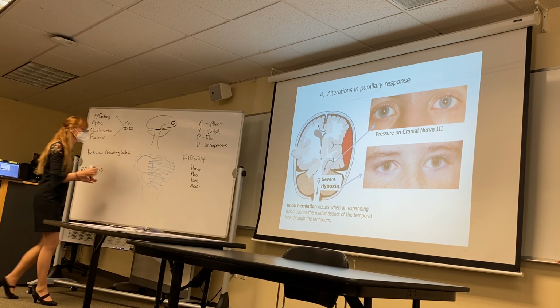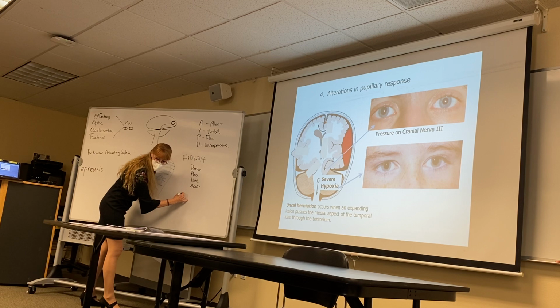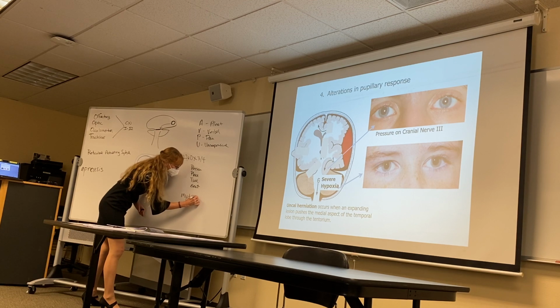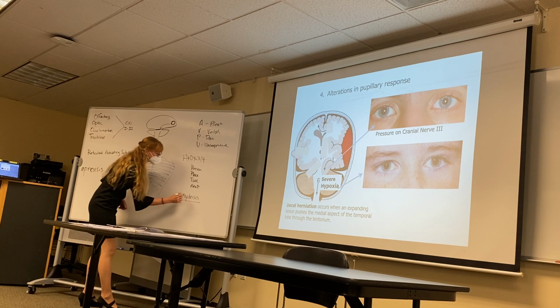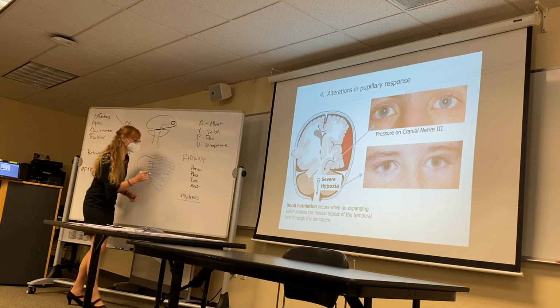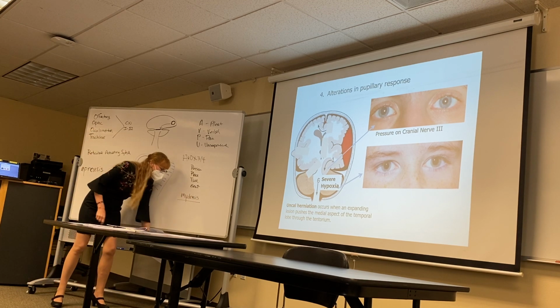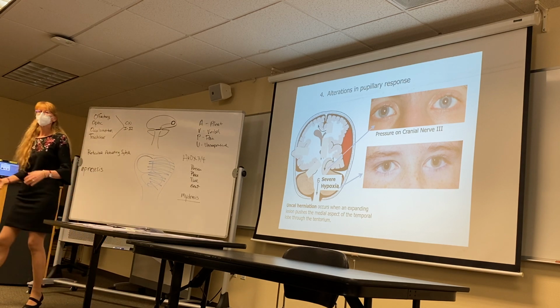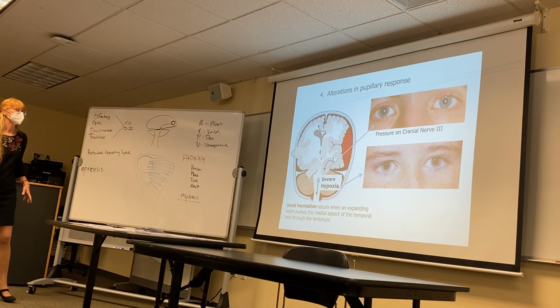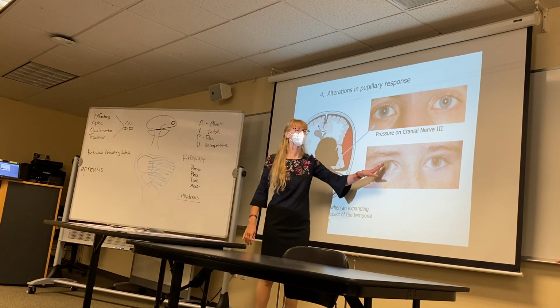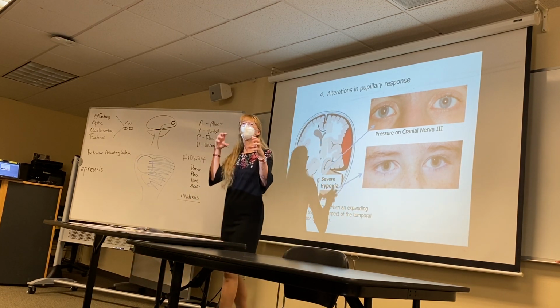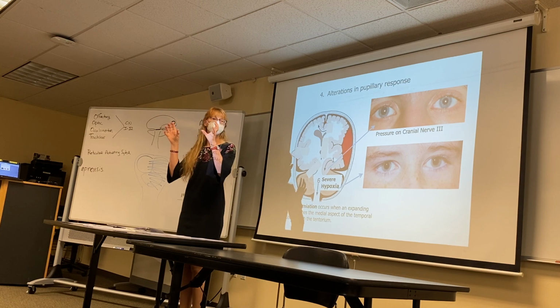Okay. This condition is called, I want to spell it right, mydriasis. There's an A in there. Not that it's going to be on a test or anything, but there's lots of big words in medicine. Mydriasis is when there's pupillary dilation of one or both pupils.